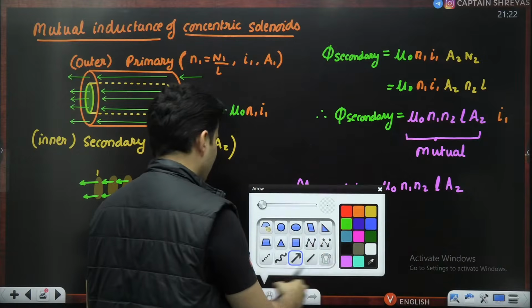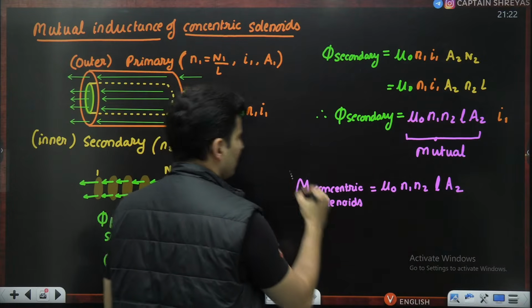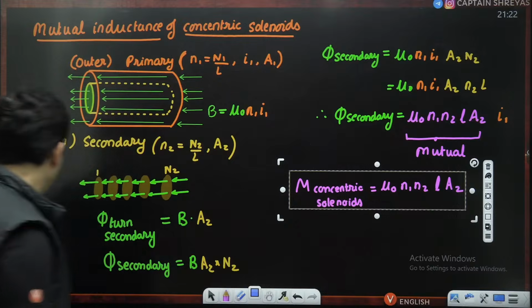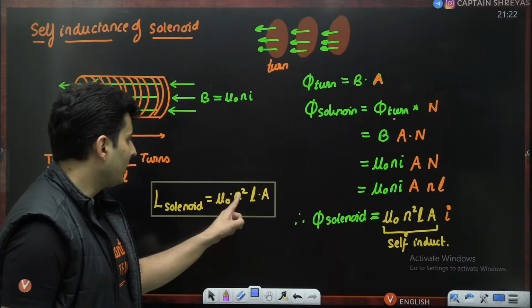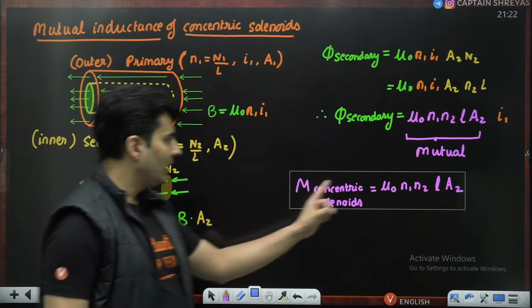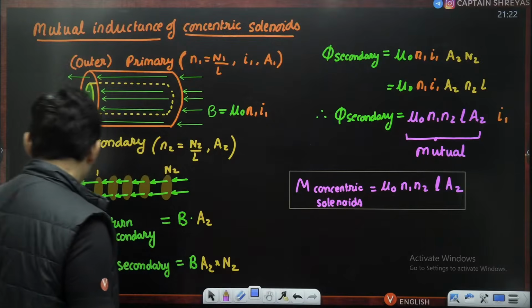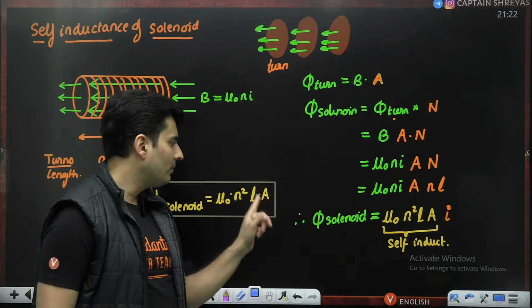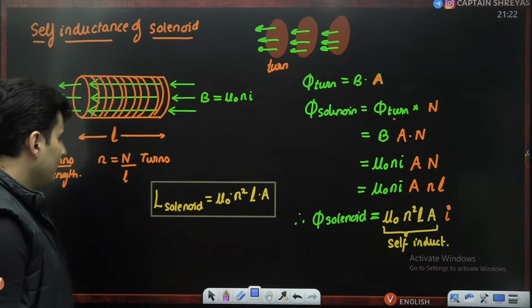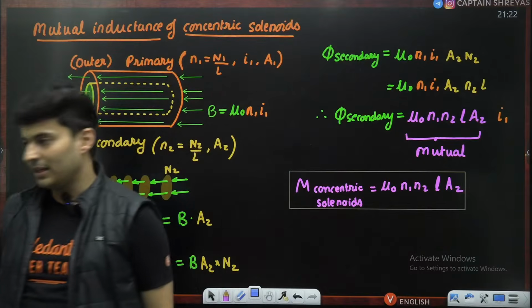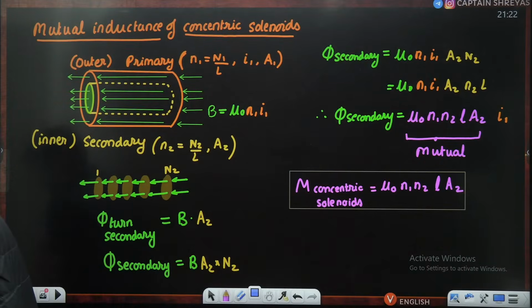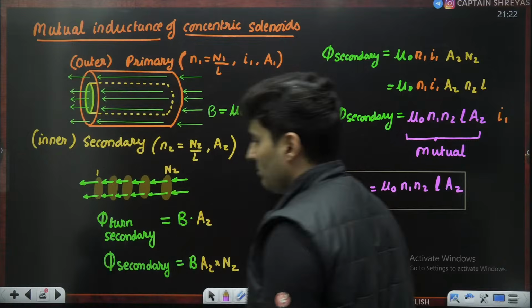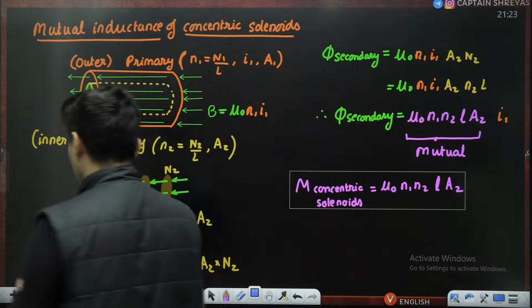Again, you can see the formula looks very similar to the previous one. Instead of mu naught n square, it is mu naught n1 n2, length into area. Yes, length into area, but the area is of the inner coil. That's the only thing you should keep in mind, not of the outer coil. Is this clear, everyone? Beautiful concepts, beautiful derivations, beautiful questions.